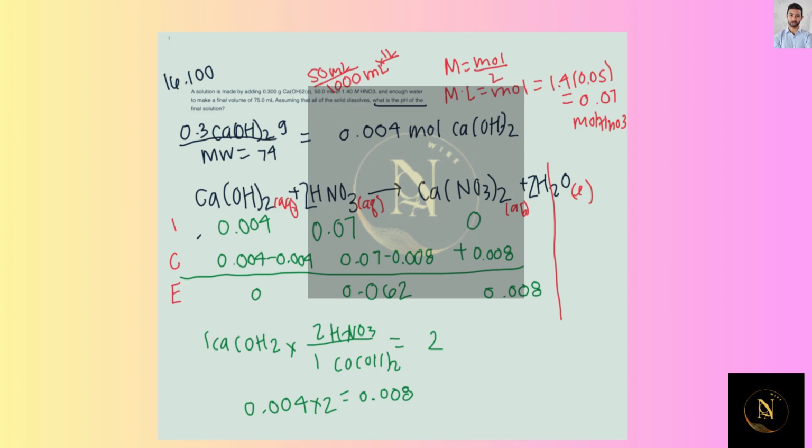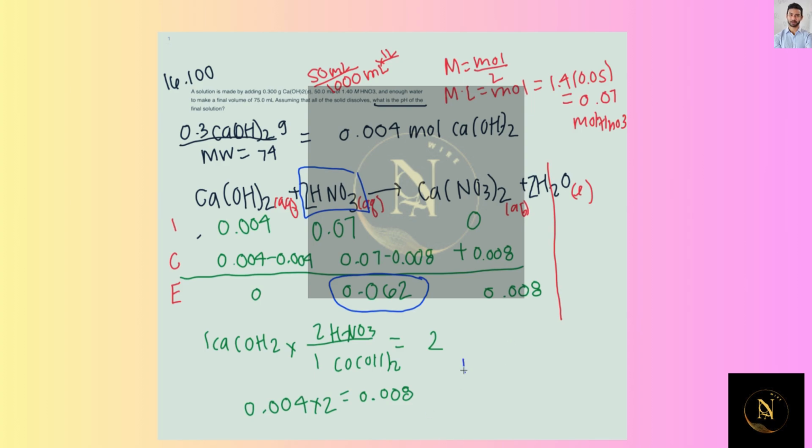The question is asking what the final pH of the solution is going to be. So our H+ concentration is going to be found from our HNO3. We only have 0.062 moles of that.